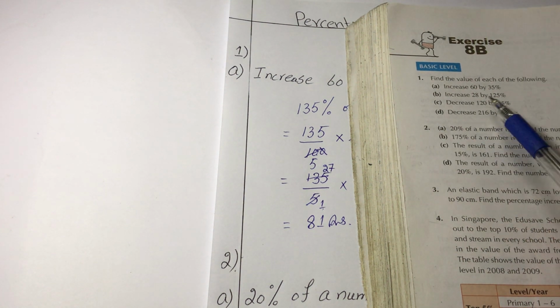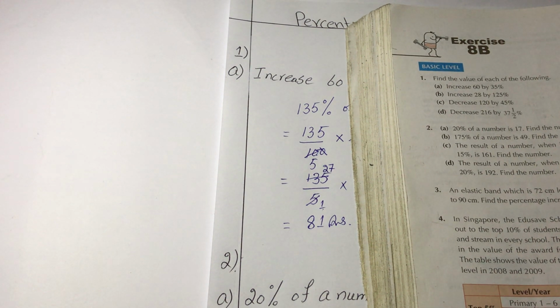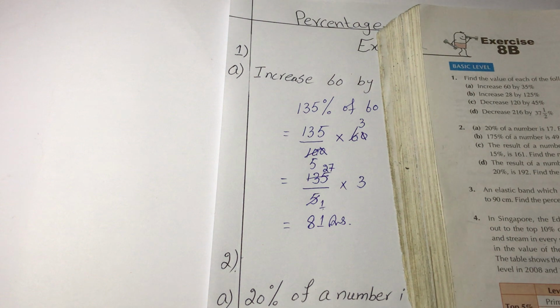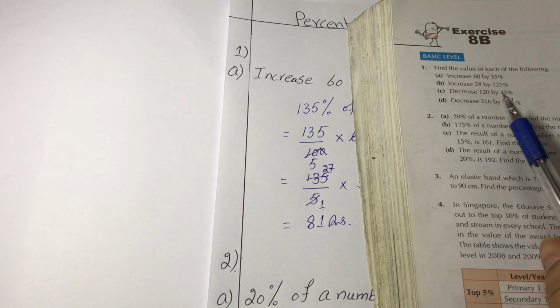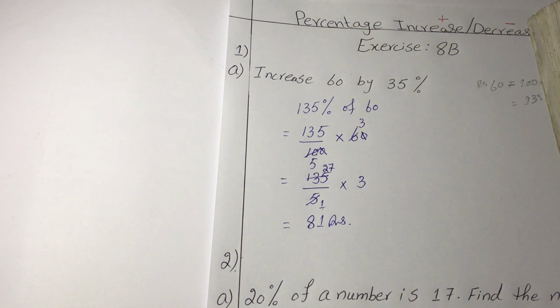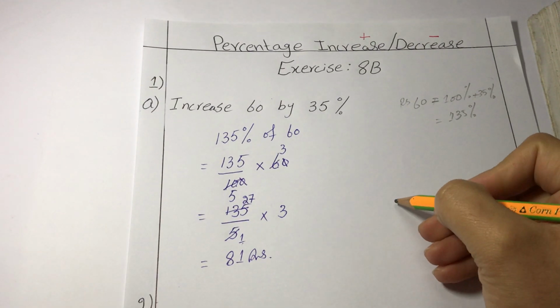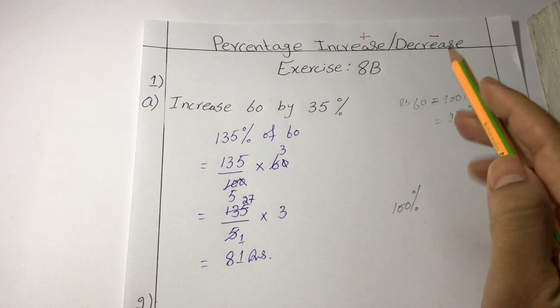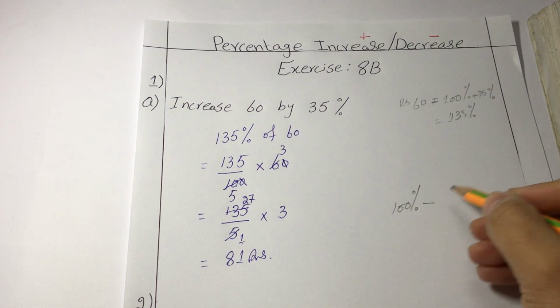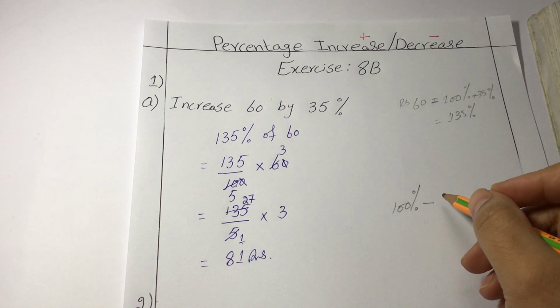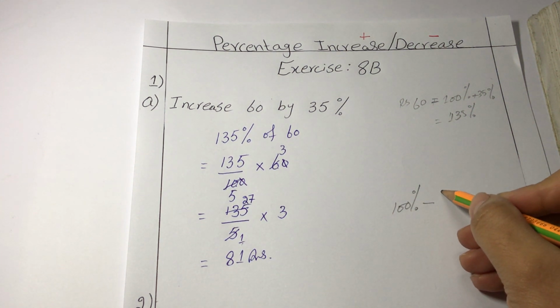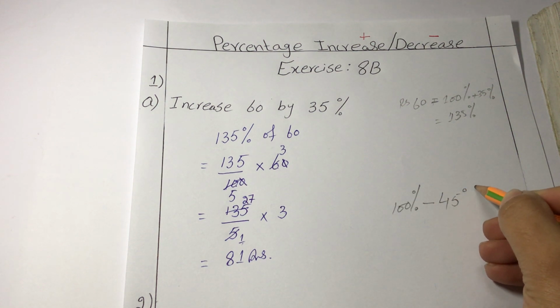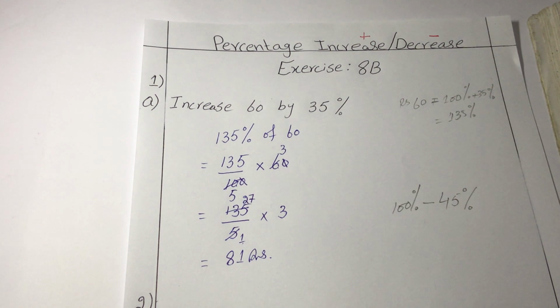In case of decrease, when you are decreasing something, you need to subtract, right? Now you need to decrease 120 by 45%, right? Now 120 is 100%. For decrease, I have told you that you have to do the subtraction. When you decrease by any percentage, you will subtract. Now you have to subtract 45% from 100%, right?